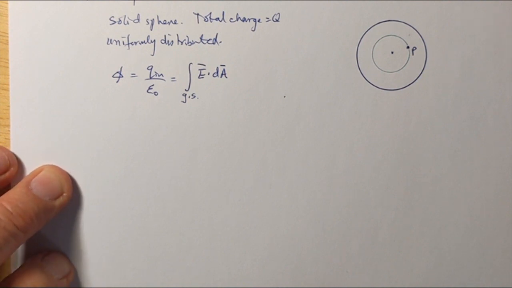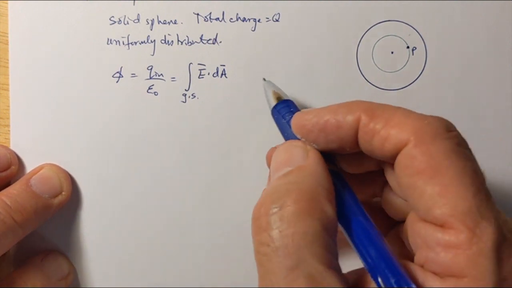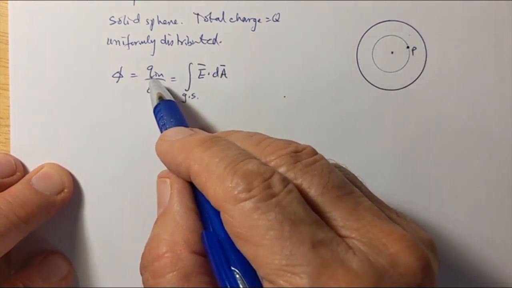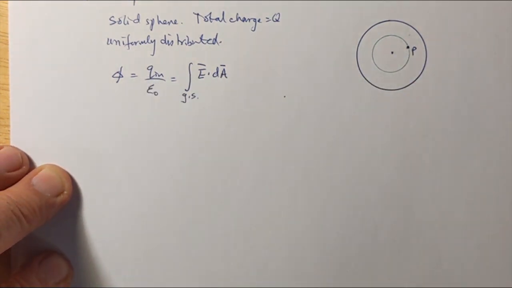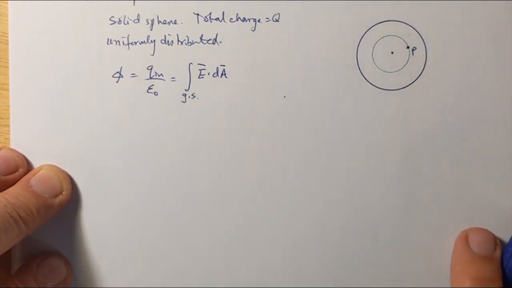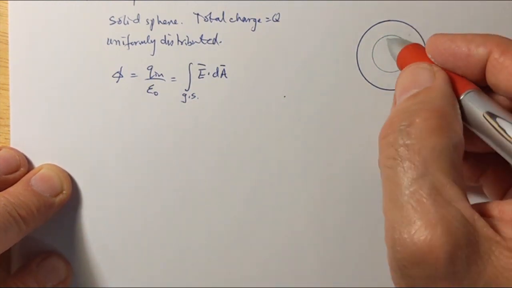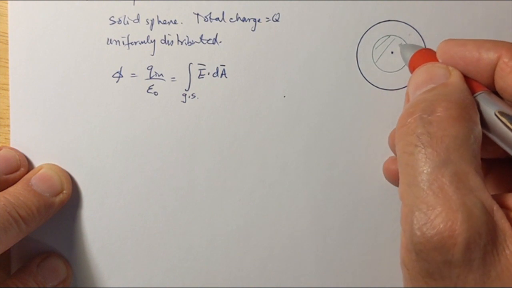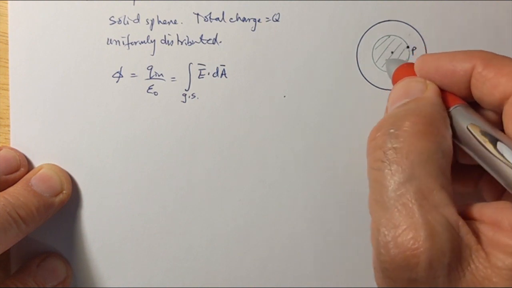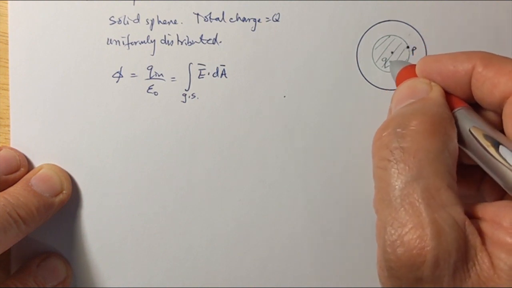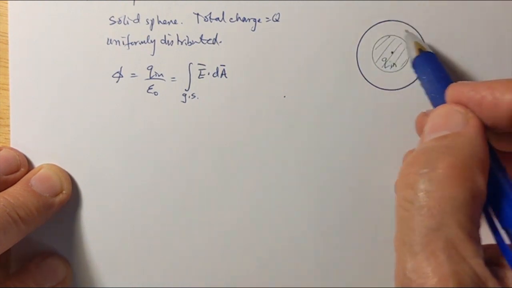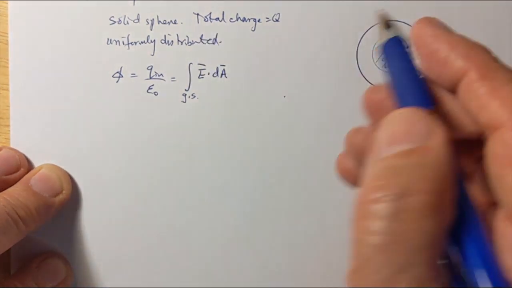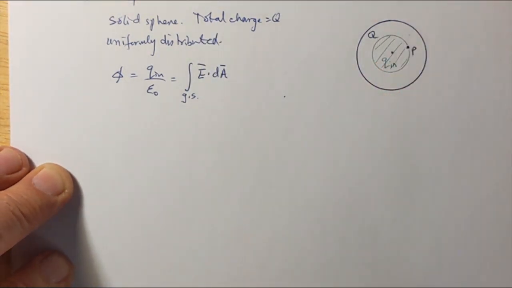Now, what we need to find here is what is q in. Q in is going to be the charge in this region. This is q in. And q is the charge in the entire sphere. The whole thing is q.